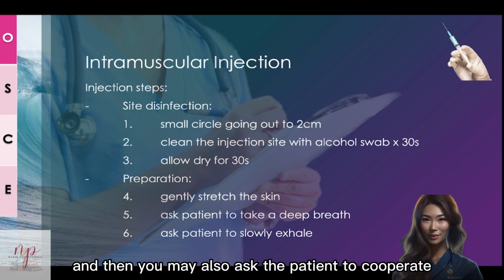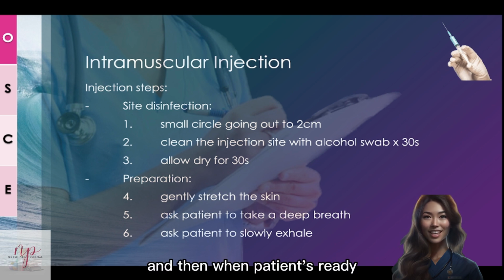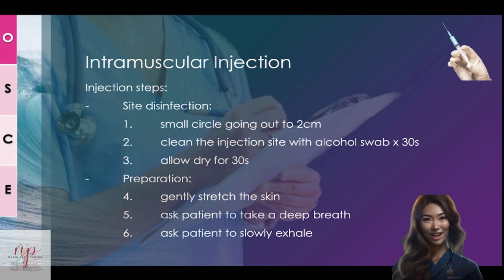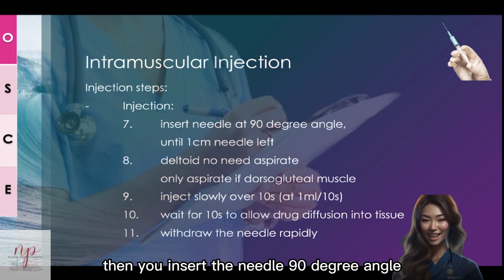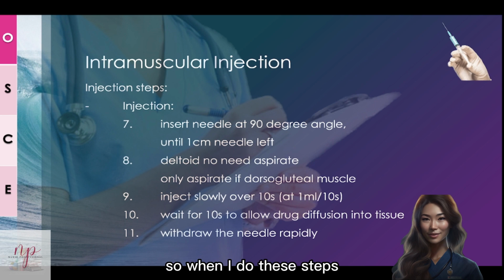And then you may also ask the patient to cooperate. Ask the patient to take a deep breath. And when the patient is ready, you ask the patient to slowly exhale. And while the patient is exhaling, you insert the needle at a 90-degree angle, until 1 cm of the needle is left. When I do these steps, I will read aloud all the steps in addition to my actions.